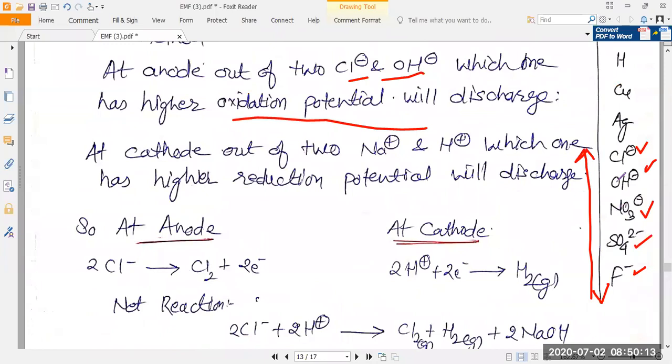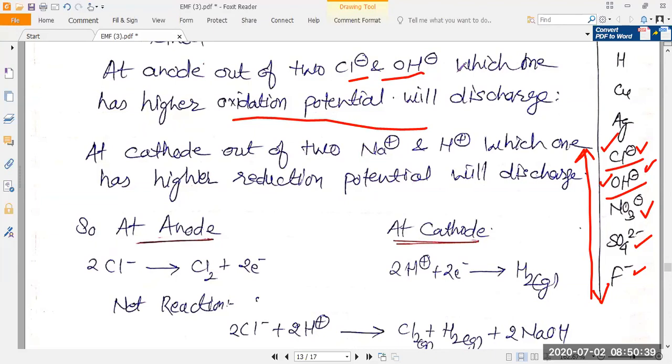So the elements that are on top, see, this is the chloride ion and this is the hydroxyl ion. Out of the two, which will oxidize? Chloride has less reduction potential as compared to hydroxyl ion.